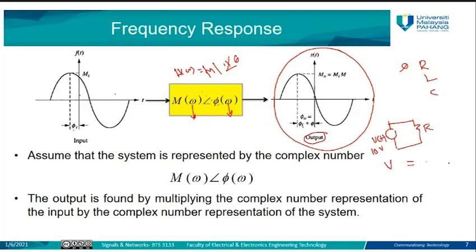What is the value of M? What is the value of the angle? If I have V(t) equal to 10 volts as RMS value, what will be the angle for this circuit? Tell me the angle only.